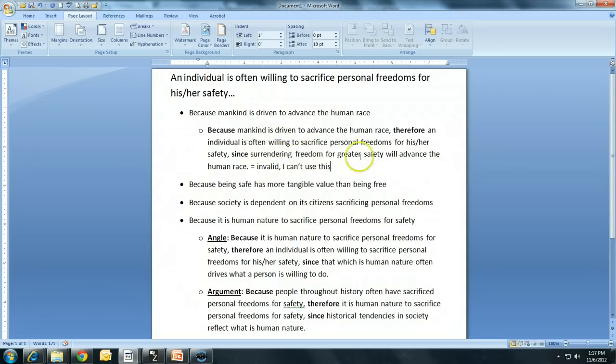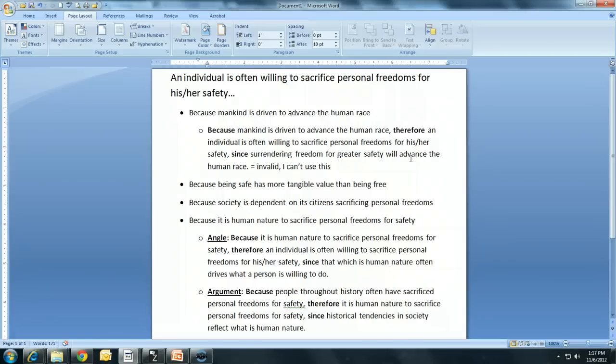Does surrendering freedom in favor of safety really advance the human race? Maybe, but I really couldn't argue that. There's not really any good examples out there right now that I could ever use. Consider any societies from the past where the people have sacrificed freedom for greater safety, whether willingly or unwillingly. Think of any totalitarian regime.